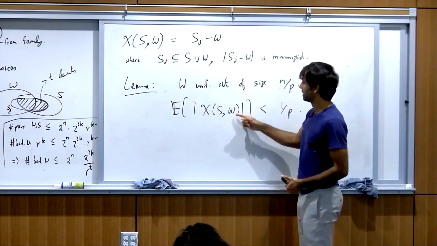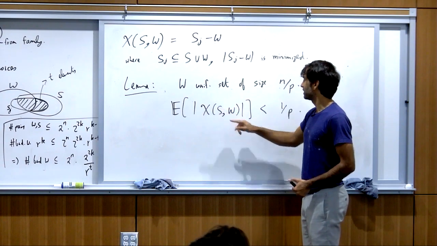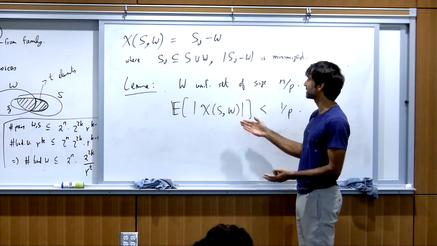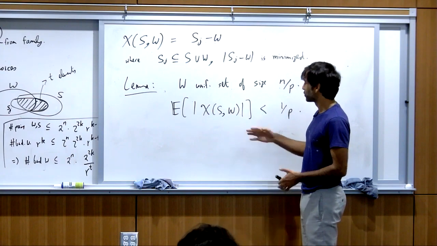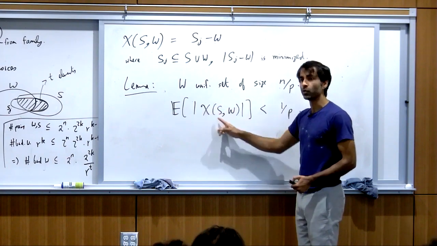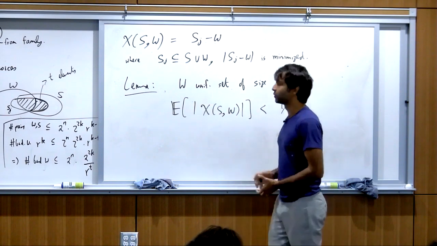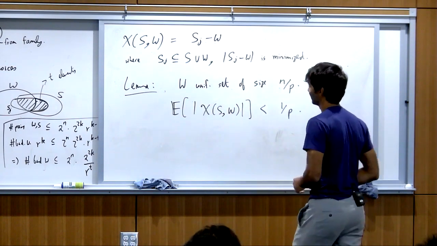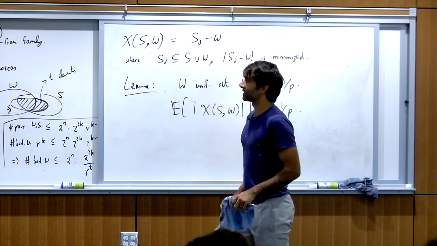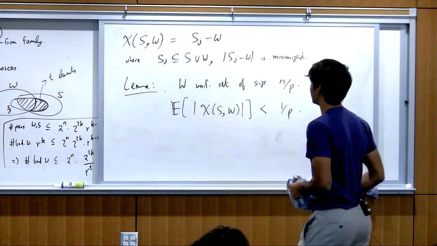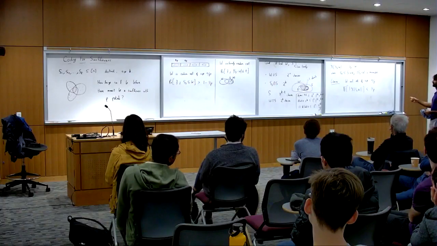Because as soon as there's no set that's covered by W, then this quantity will be 1, and the probability of that event can be at most 1 over p. All right.